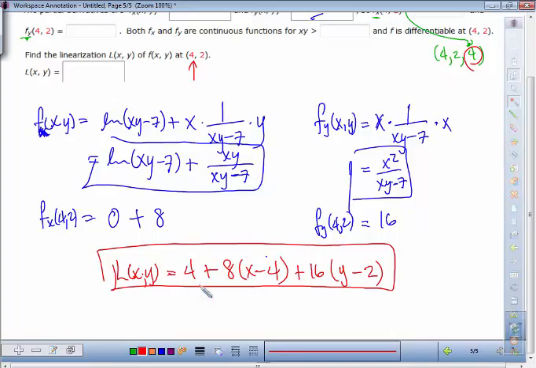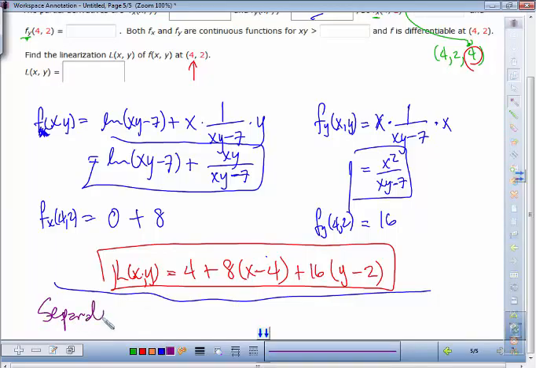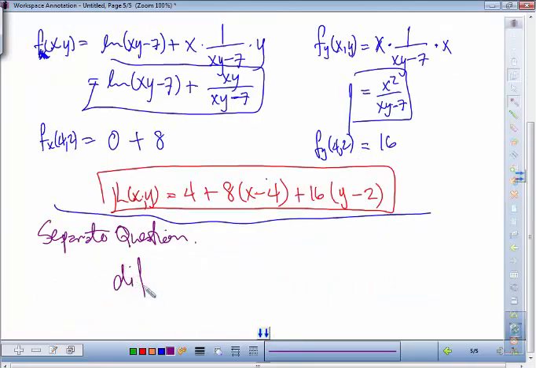So this particular problem doesn't ask for the differential, but if you're asked for the differential at any point, usually, so separate question. Differential at any point.